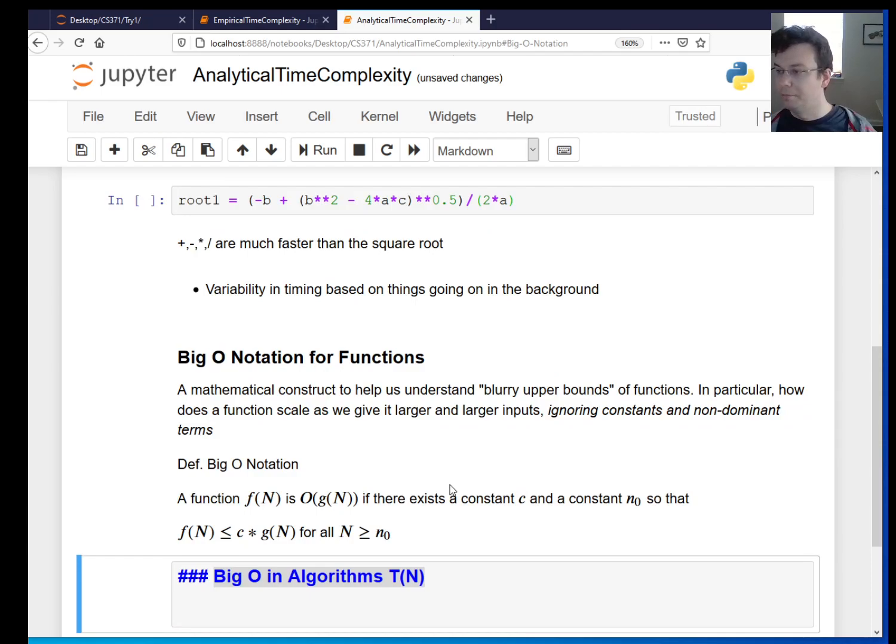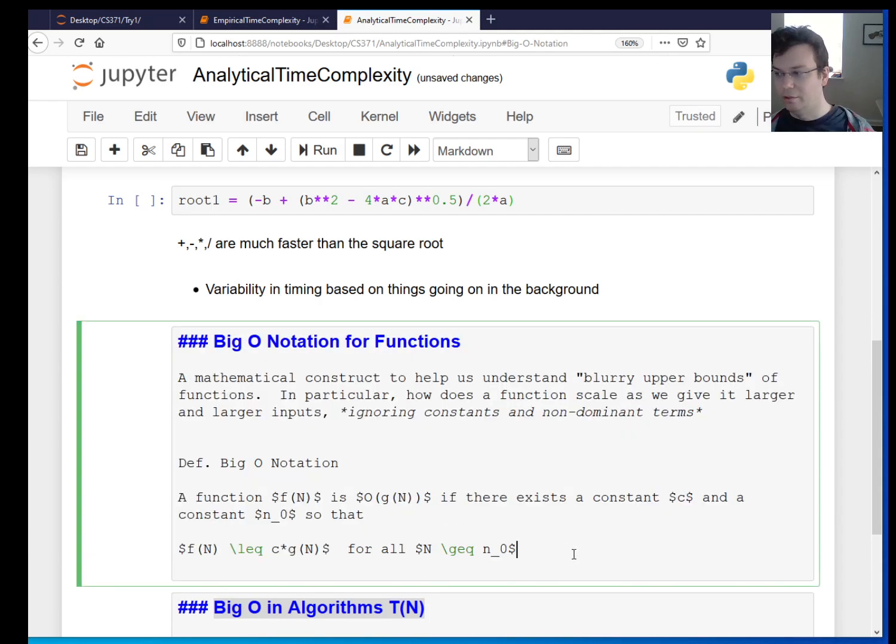Let's look at that. That's the definition. A function f(n) is big O of g(n) if there exist two constants, c and n sub 0, so that f(n) is bounded from above by that constant c times g(n) for all n beyond a certain amount.